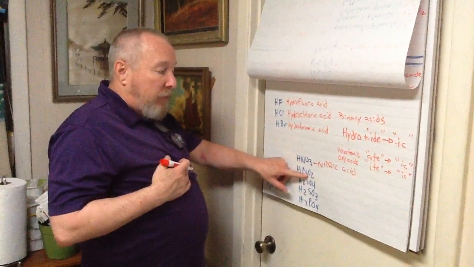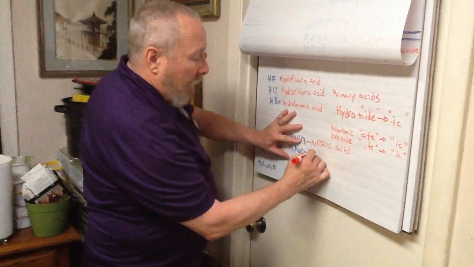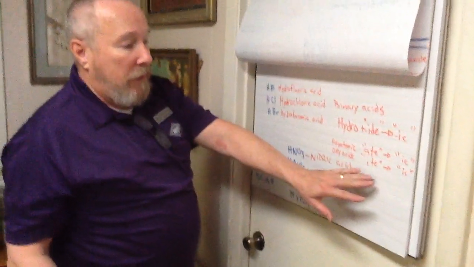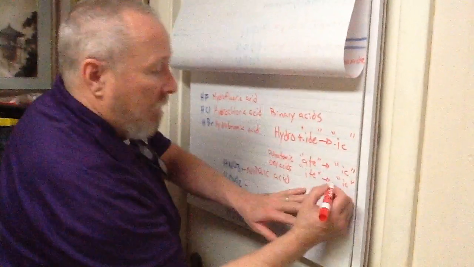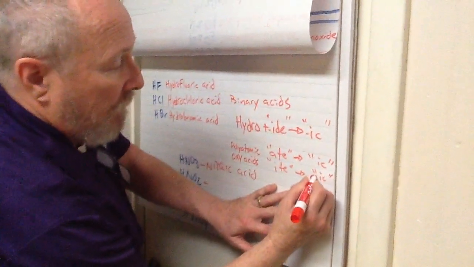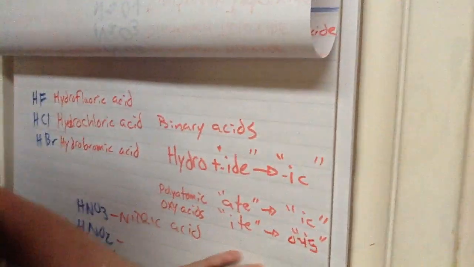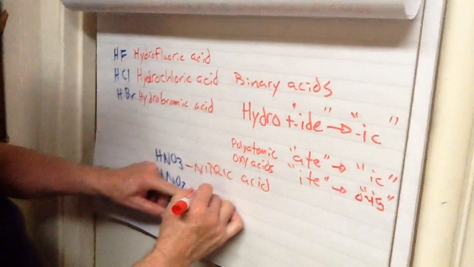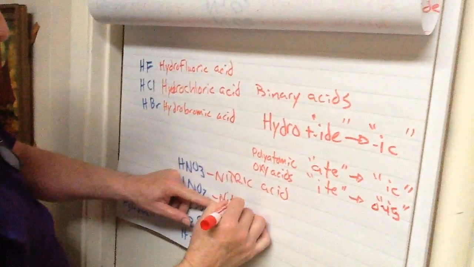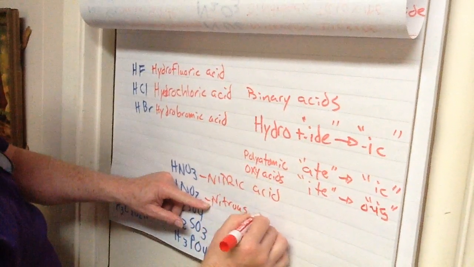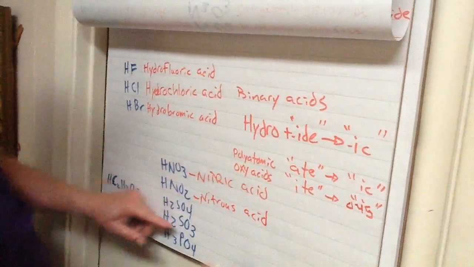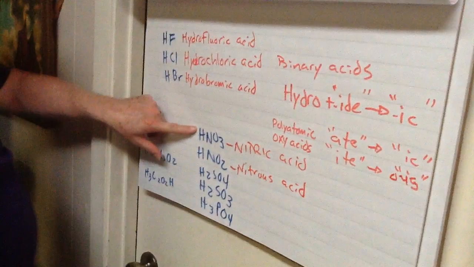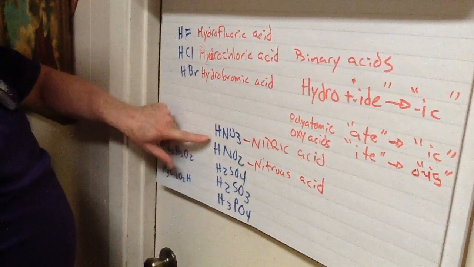But this nitrite salt, the ite salts, become the, oops, I wrote this down wrong, become the ous acid. So this becomes nitrous acid. Again, nitric acid, by the way, is one of the more common ones for us to use in the lab.